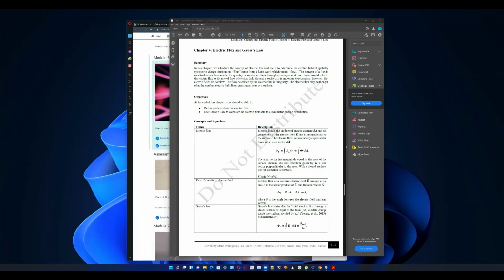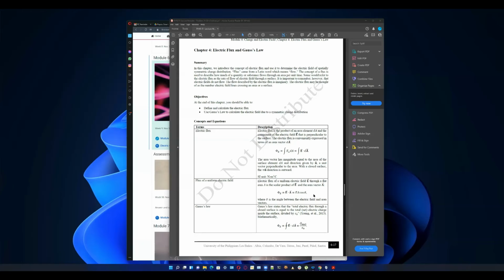So times E, because E in this case would be some constant value. So for a uniform field, meaning the strength and direction are the same everywhere, if you integrate that, you'll just get EA cosine theta.